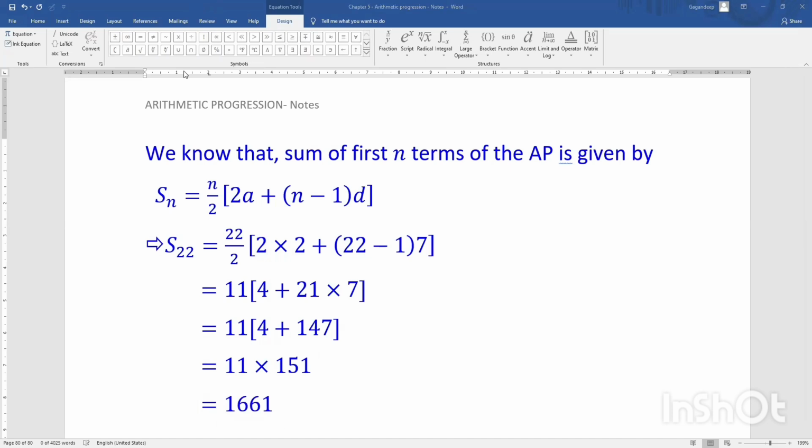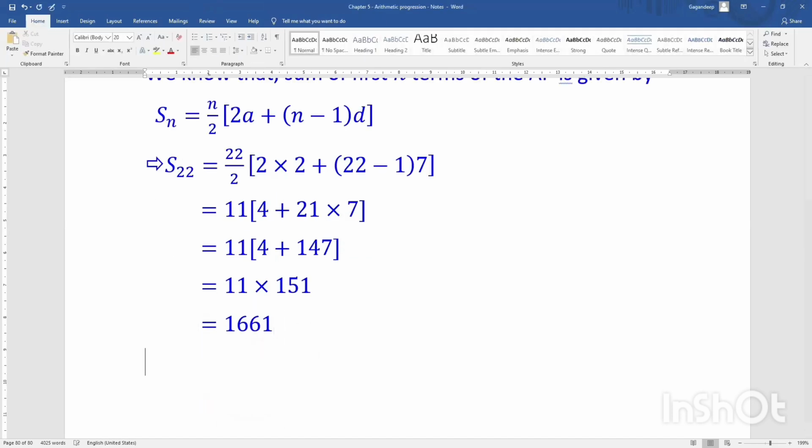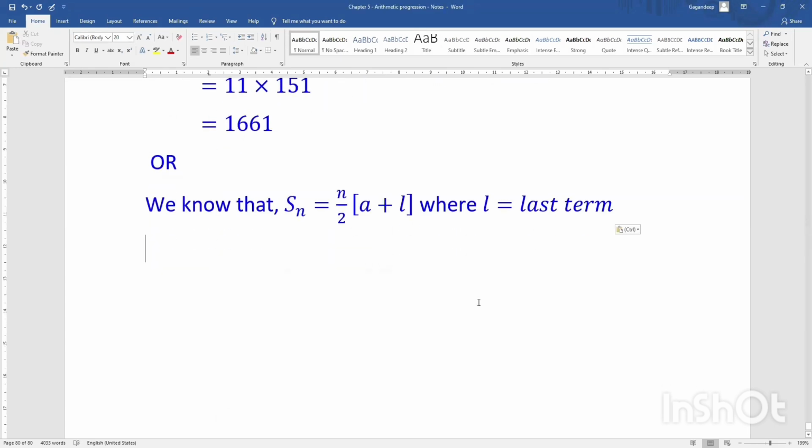We can also use another formula, or method. Now we know that Sn is equal to n by 2 into a plus l, where l is the last term. So we write here the Sn value.